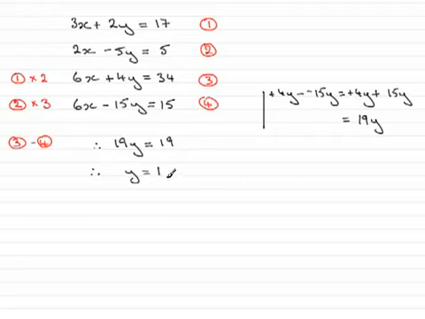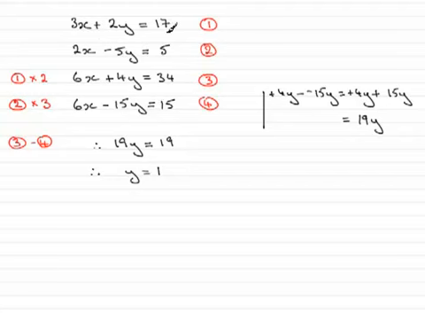Now that I've got y equals 1, all I've got to do is substitute y equals 1 into any one of these 4 equations. It doesn't matter which one we pick, we should always get the same value for x. But as before, it's best to select the equation that you find easiest to work with.